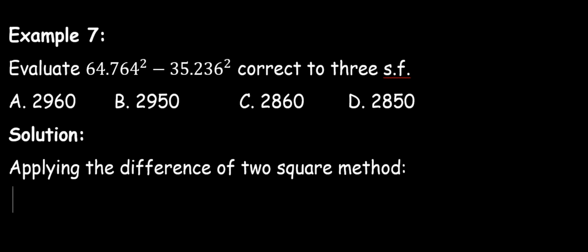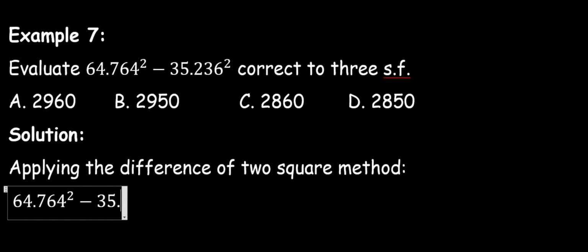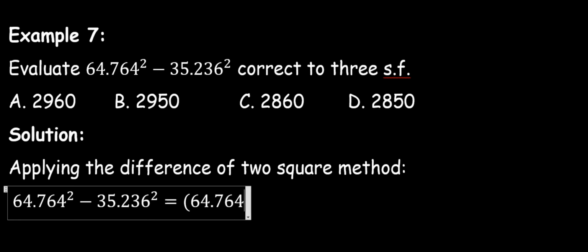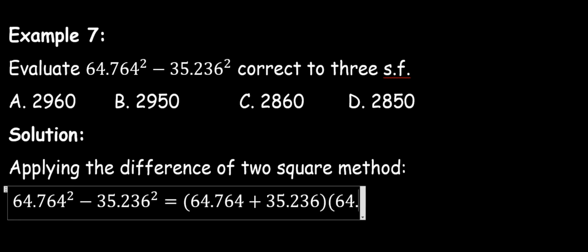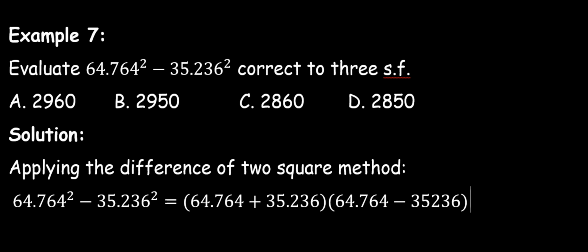64.764 raised to power 2 minus 35.236 raised to power 2 will be equal to, bracket open, 64.764 plus 35.236, bracket close, another bracket open, 64.764 minus 35.236, bracket close. Now, virtually we are adding in the first case, then subtracting in the second case.